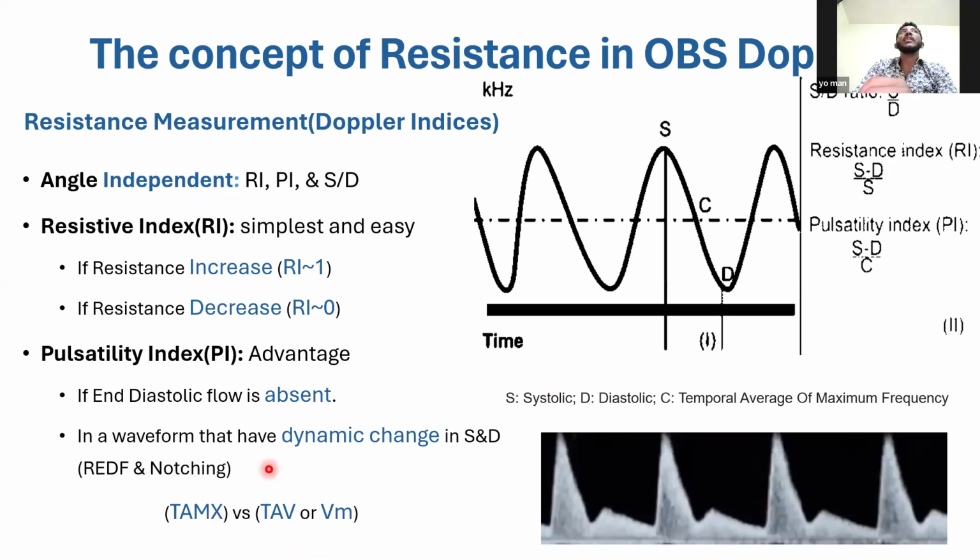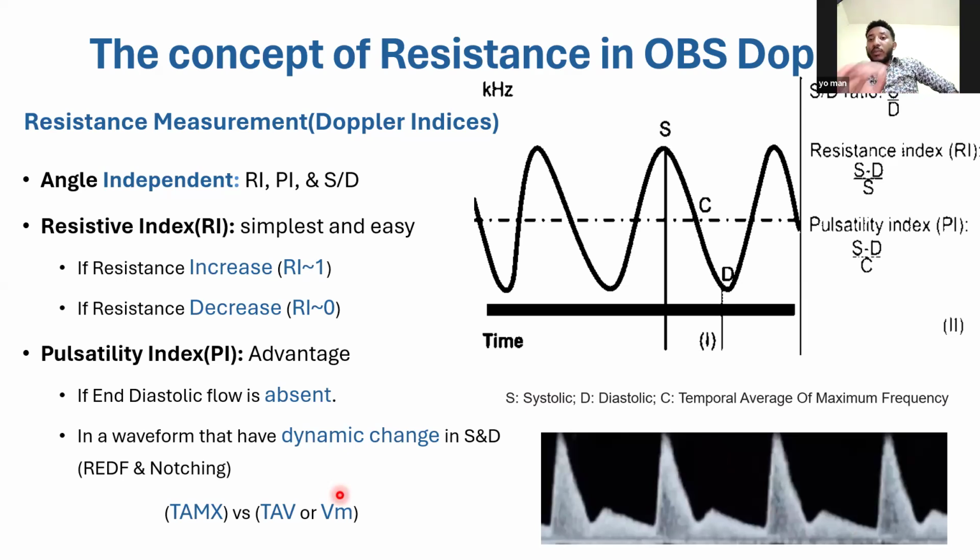The difference is that one calculates the mean and the other calculates the average velocity across one cycle to another. My main suggestion is that pulsatility index interpretation is not straightforward.